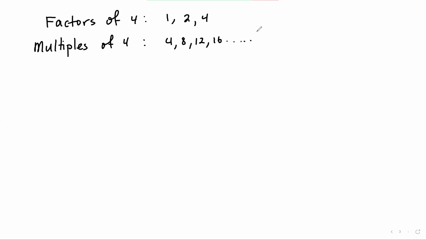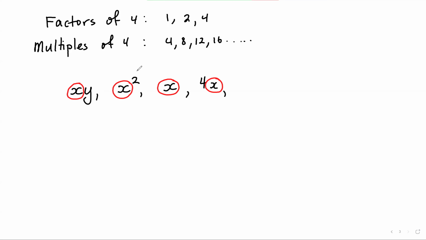So looking at algebraic factors now, let's say I had xy, x squared, x, and then 4x. So I have these four terms, xy, x squared, x, and 4x. As you can see, they all have x. So x is a factor of all of them, right?